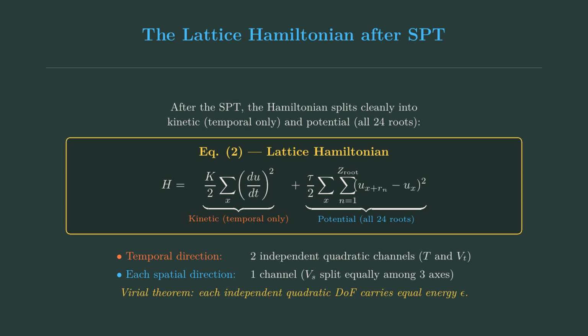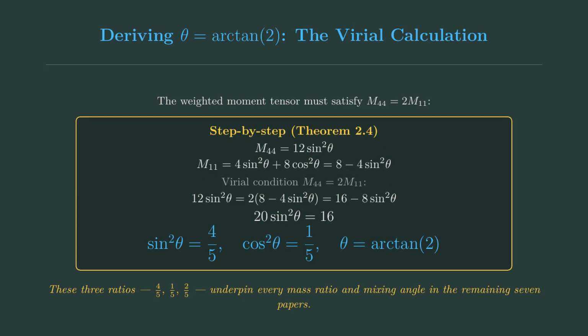Equal energy per degree of freedom gives sine squared theta equals 4/5, cosine squared theta equals 1/5. The frustration angle is theta equals arctan of 2. These three numbers appear again and again throughout the series. Every mass ratio, every mixing angle, every symmetry breaking parameter in the subsequent papers traces back to this single geometric calculation.